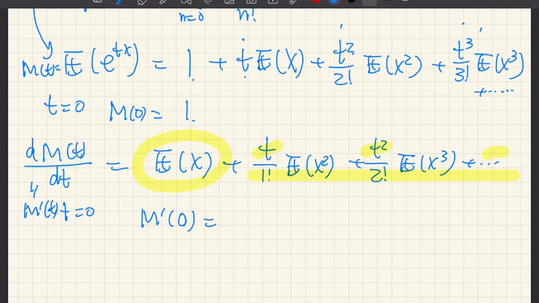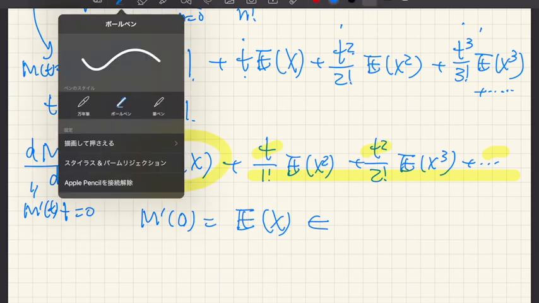What we are left with is the expectation value of x. So you differentiate the moment generating function once and put t equal to 0, and you get the expectation value of x. Nice.